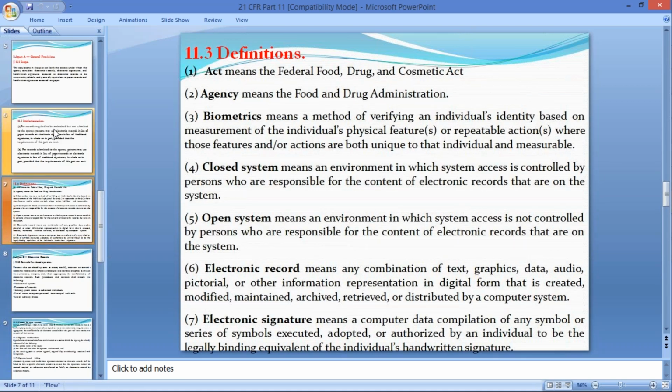Definitions, you can see. Except closed system and open system, remaining all clear.